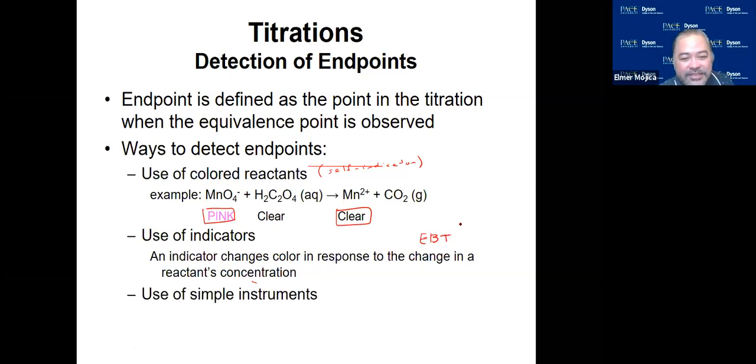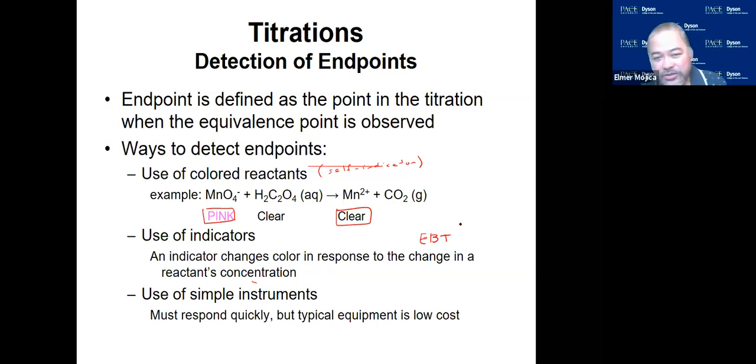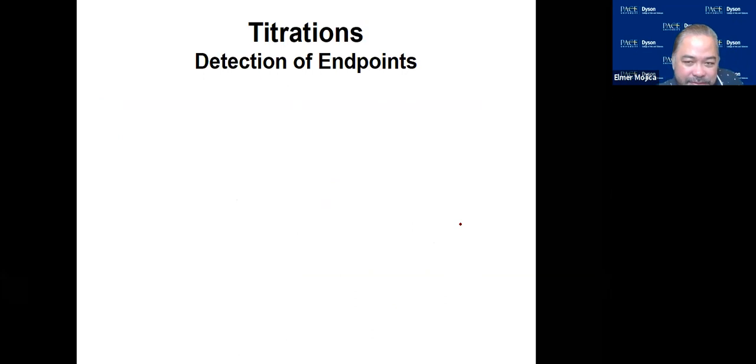Now, another thing that you can use is simple instruments. So if you took Gen Chem at Pace University, you've done this, you use a pH meter to see the sudden increase or the sudden drop of the pH as the endpoint. If we're going to use this simple instrument, it should respond quickly, but typical equipment should be low cost. You're going to do this, if I'm not mistaken, in 2 weeks, the next week's experiment.